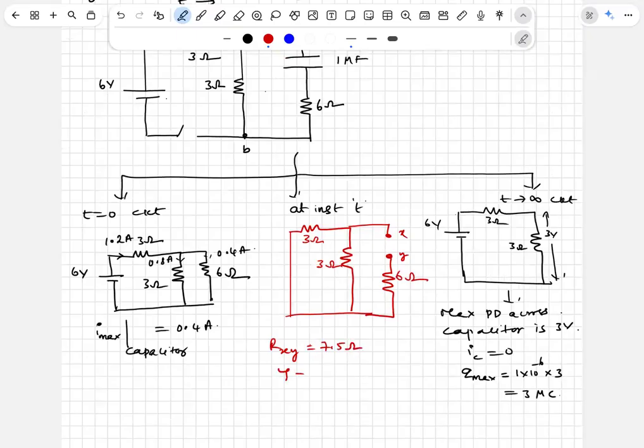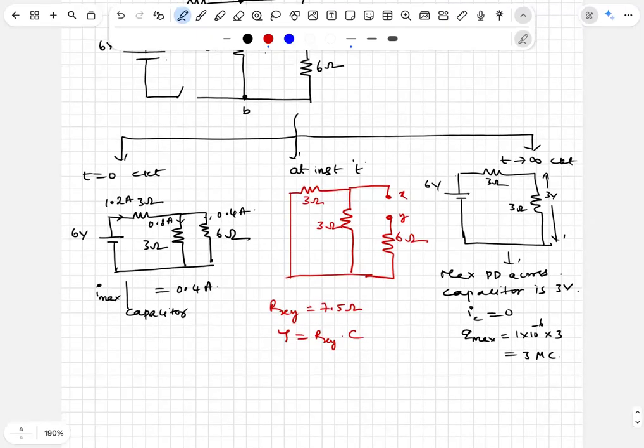In this circuit, the equivalent time constant is R times C, C is 1 microfarad, so this is 7.5 microseconds. These are 3 stages. Left extreme, in between, right extreme.